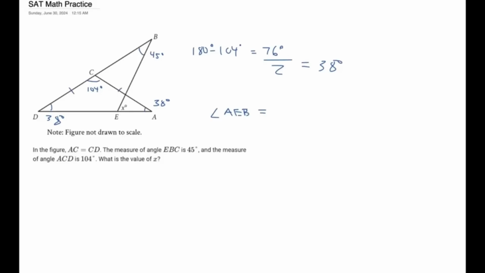One way I'm looking at it is that it's on this line right here, and we can use what's called supplementary angles, because two angles on a straight line have to equal 180 degrees. So if we find angle DEB, then we can subtract that value from 180 and get whatever x is. So is there a way to find angle DEB?